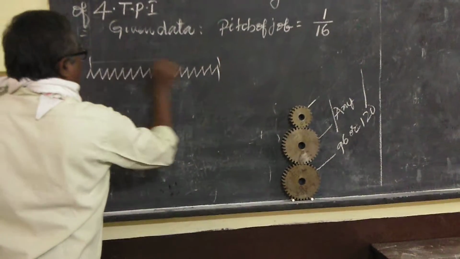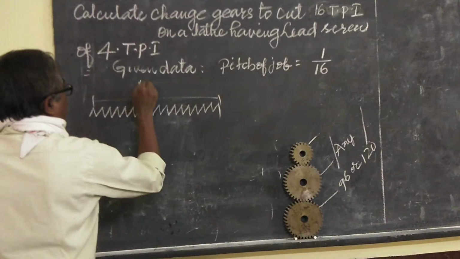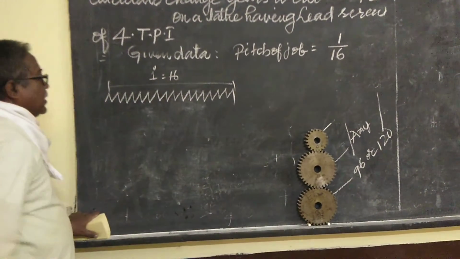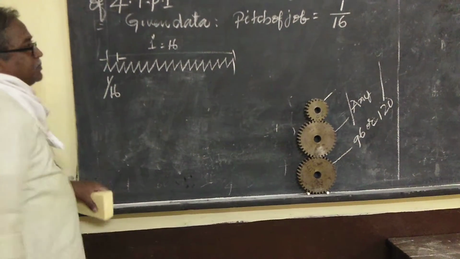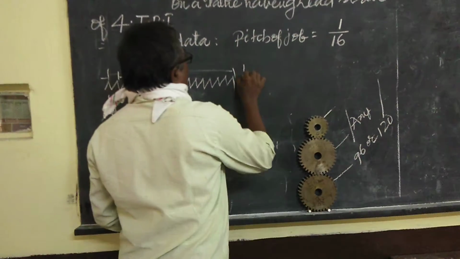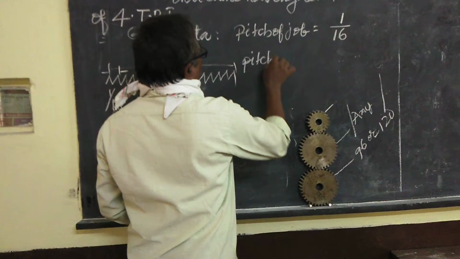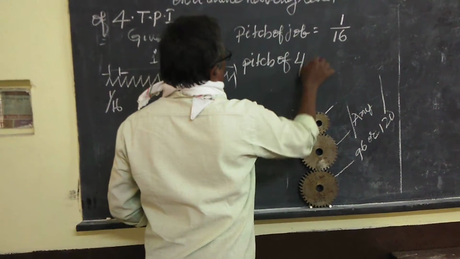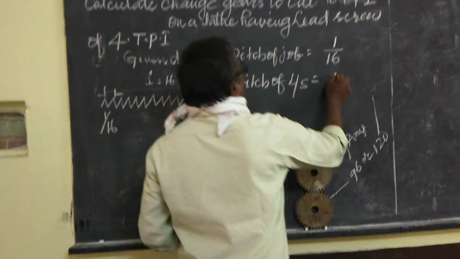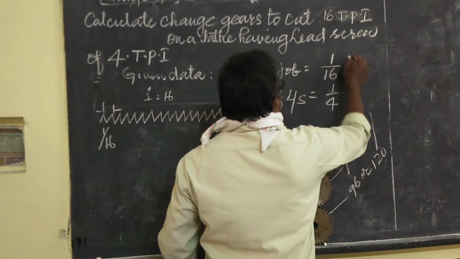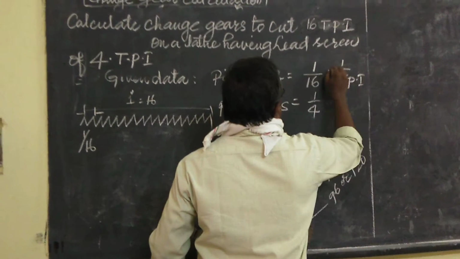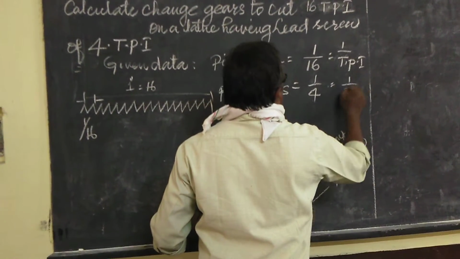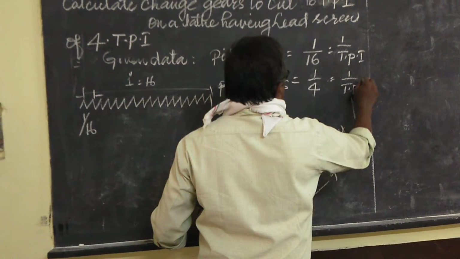These are the 16 threads in 1 inch length. So the distance is 1 by 16. The same way, pitch of lead screw is 1 by 4. That is, 1 by TPI equals pitch.